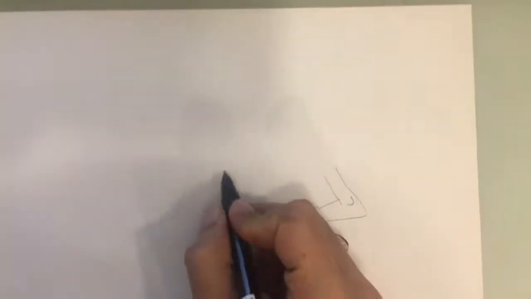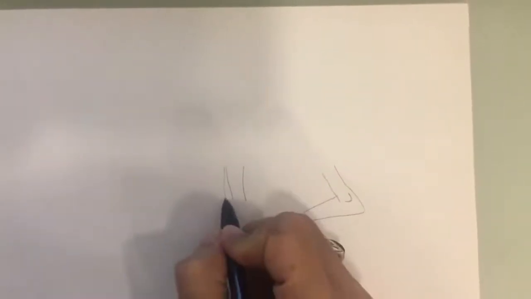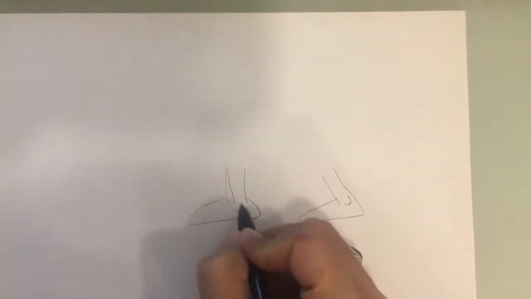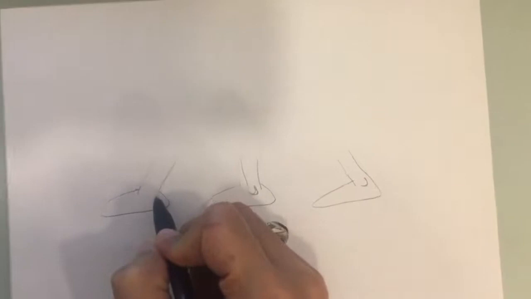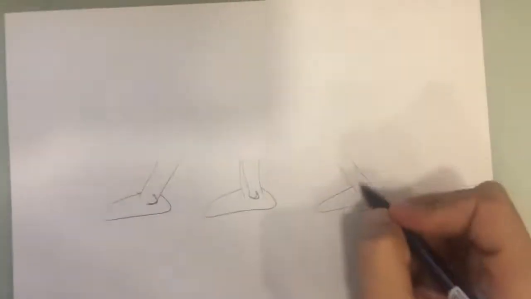So here, you can see I'm making a leg, and this is my ankle. And this is the second pose, like he's going forward, so you can see that. And this is when he moves forward. Now this is the first stage which I made here.